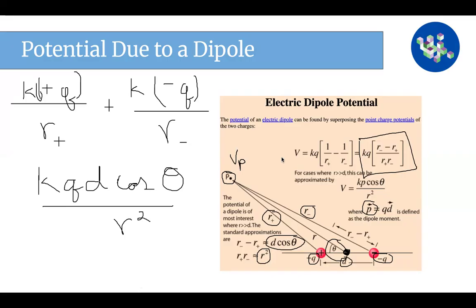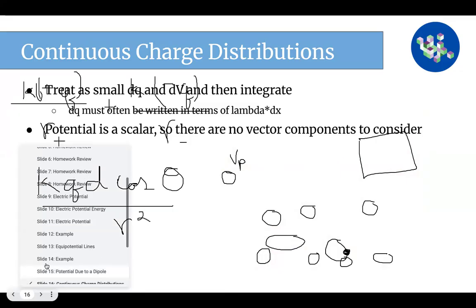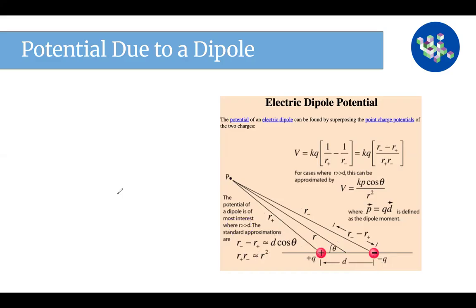Just as a note, remember that this result only works when you're at a really large distance away from your dipole, so that the separation between the two charges is much less than the distance from your point under investigation to the dipole. Otherwise the approximations we make won't hold. Let's move on then.